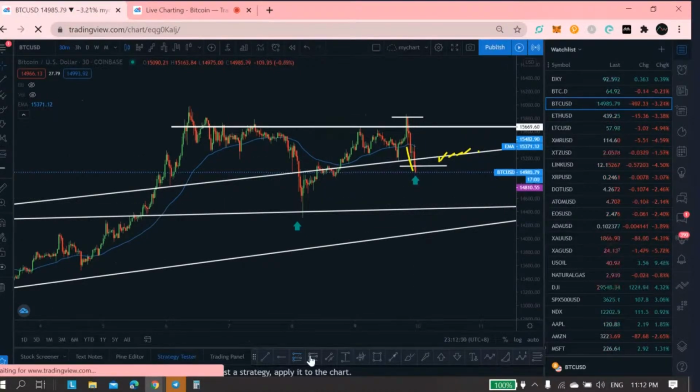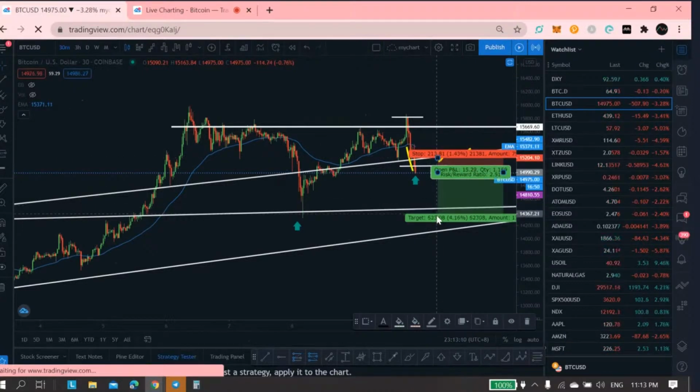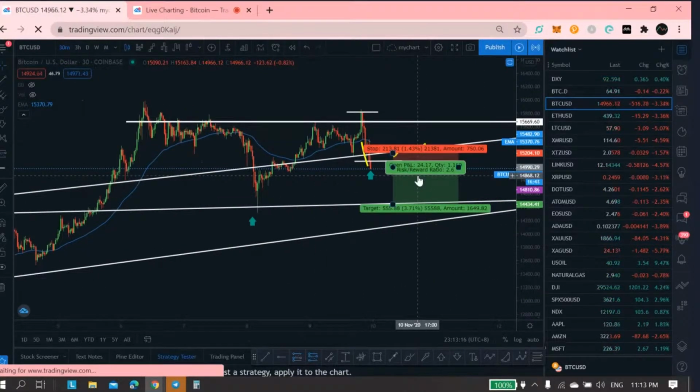Or actually, I can also go short. If I can go short here, this is my possible cut loss area, and this is my possible TP area. So that is a possible risk reward ratio of 2.6. I could possibly gain around 3.71% if my TP got hit at 14,434.